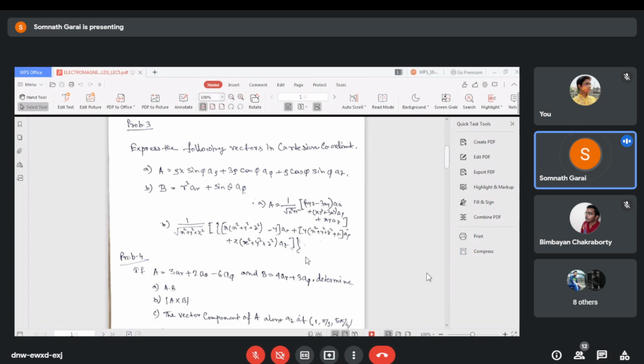So cos phi is equal to x by rho, which is x by root under x square plus y square, and sin phi is equal to how much? Y by rho, that is equal to y by root under x square plus y square, right? Now we put the value.